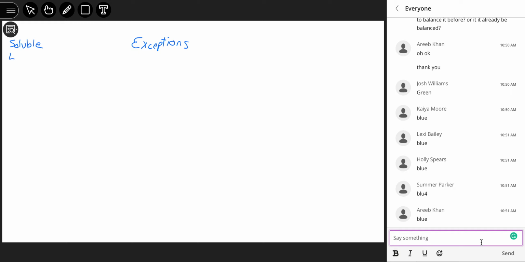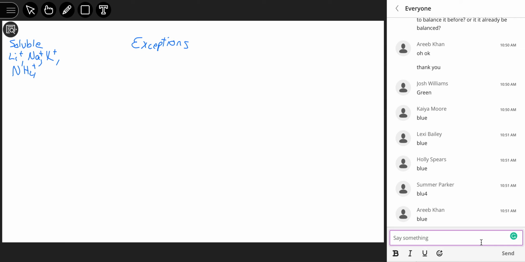All right, so we've got lithium, sodium, potassium, and ammonium. One thing to note about these is most of these are in group 1. Things in group 1 on the periodic table, the alkali metals, are soluble when you mix them with anything.